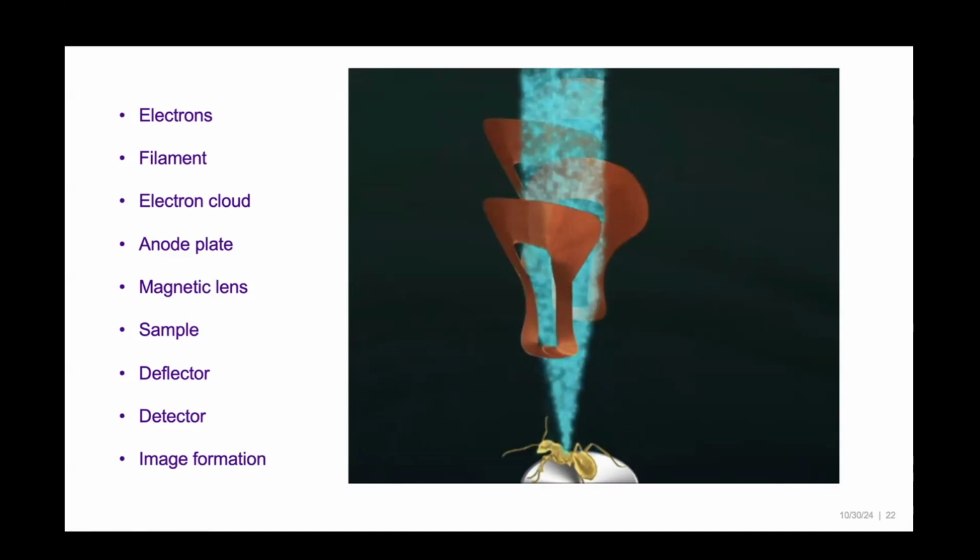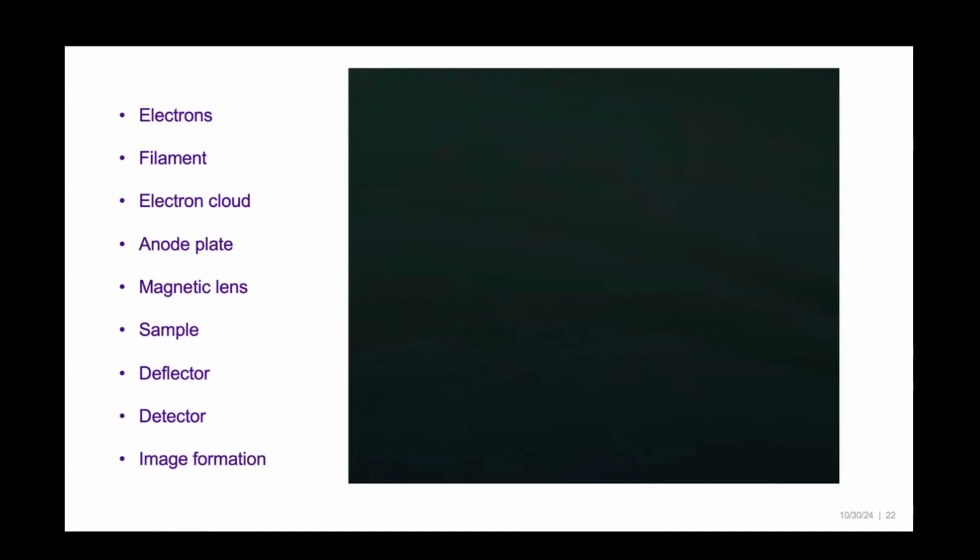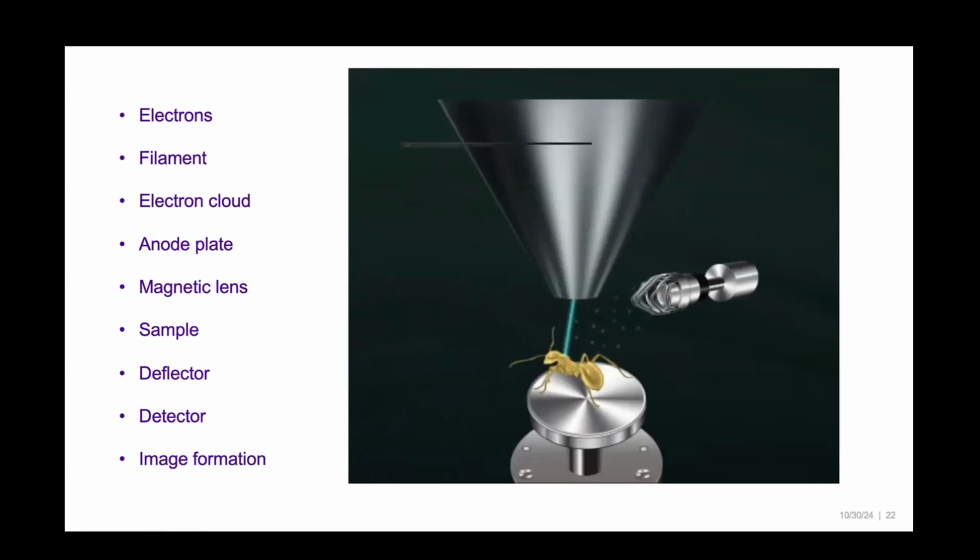I told you about the deflector, this is the anode deflector. The sample is there, it is scanning the area. As it scans, it identifies the areas where the sample is there or some structures are there. Now, when there is a sample or some specific structure, a particular number of electrons are generated, which are captured in this detector. So it detects, and when there is black, it means there is no sample or no structure or no detail.